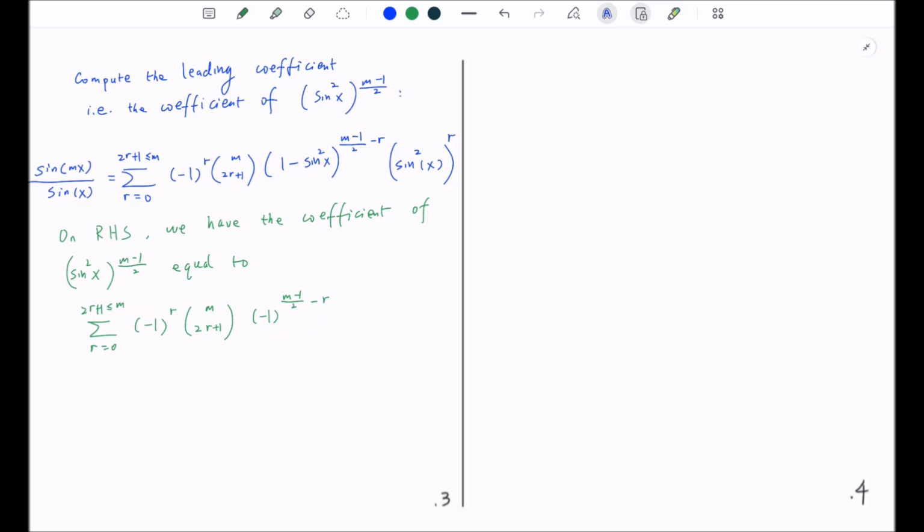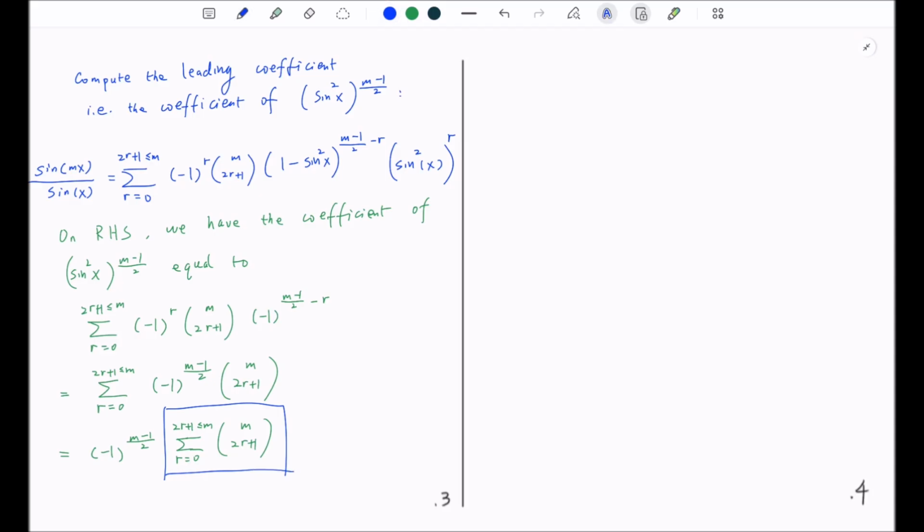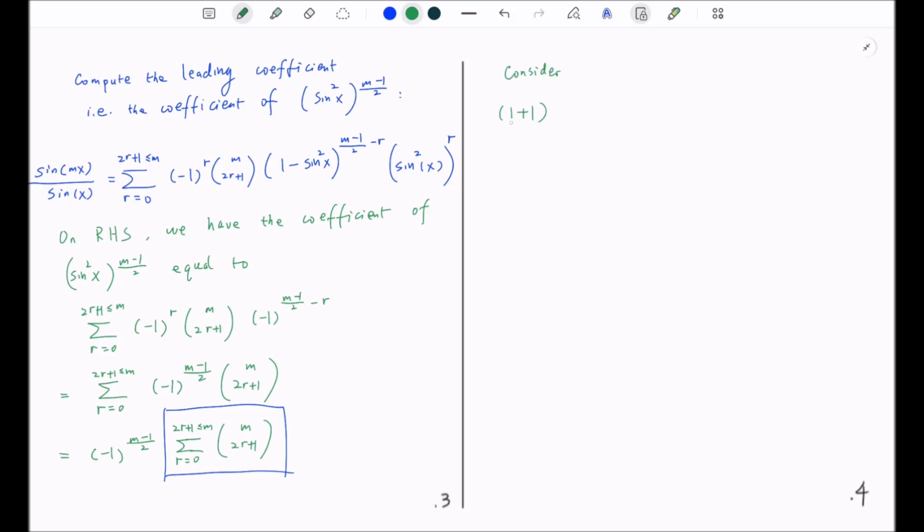And this part cancels with this. What we get is, and now it remains for us to figure out what this is. To find out what this thing is, we consider the binomial expansion for (1+1) raised to the power m. And we're going to split the binomial expansion of this into the even terms and odd terms.